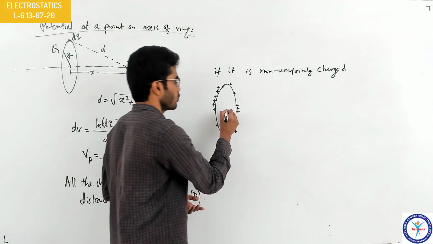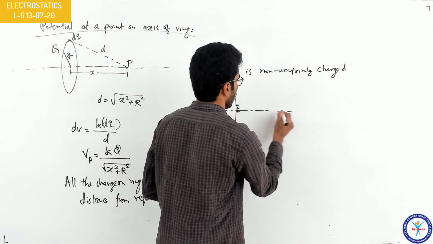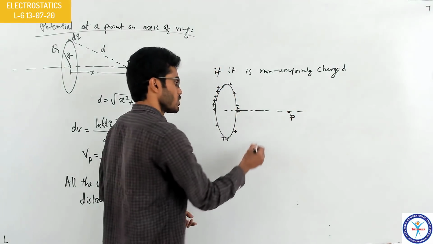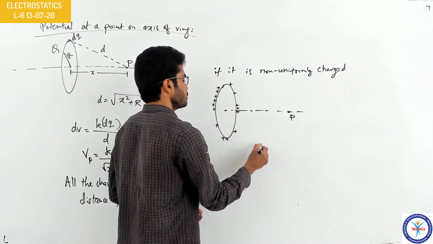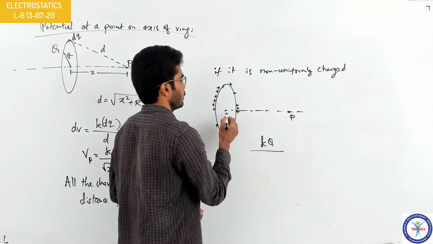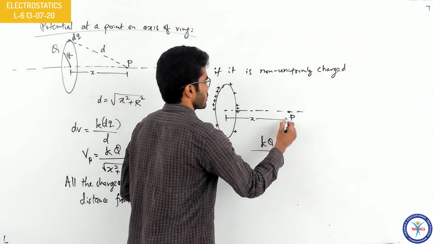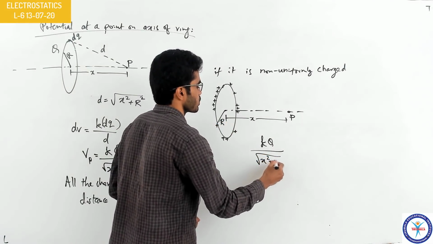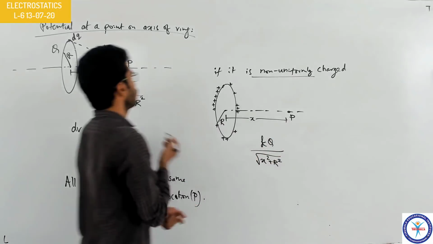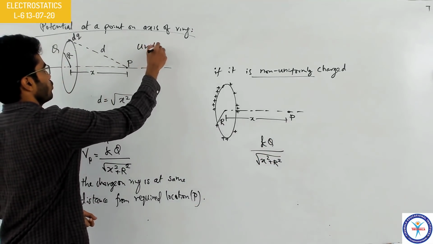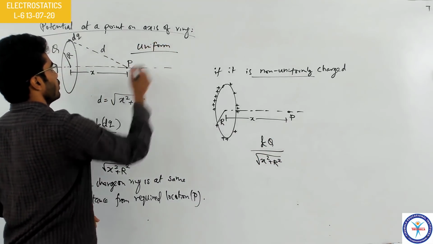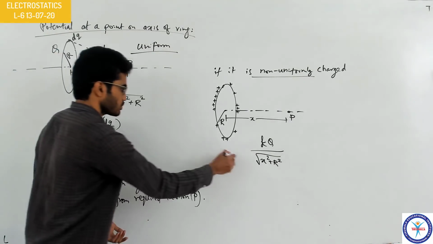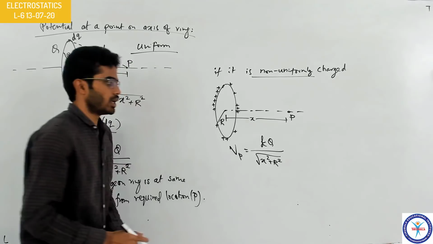Even though it is non-uniformly distributed, again for the axial point, any point here, the distance will be the same. So it will again be kq by root over x square plus r square, if this distance is x and this is radius r. So whether it is uniform or non-uniform, we have the same value for the potential. Right? Remember these things.